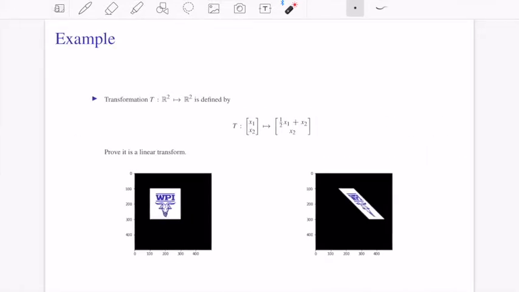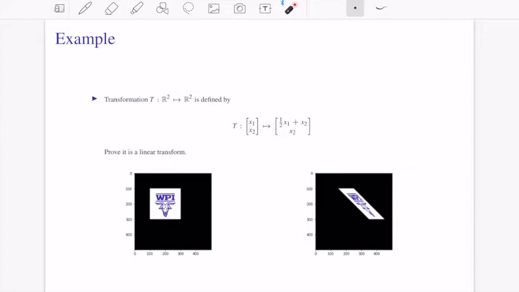All right, let's get back to one example we mentioned in the first lecture. There was a picture on the left-hand side converted, or transformed, to another picture on the right-hand side.